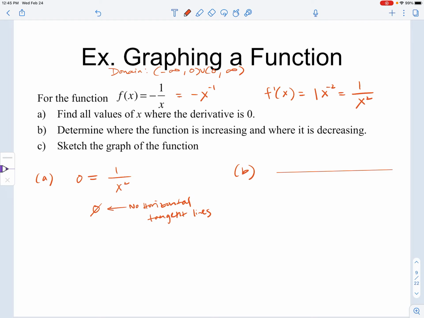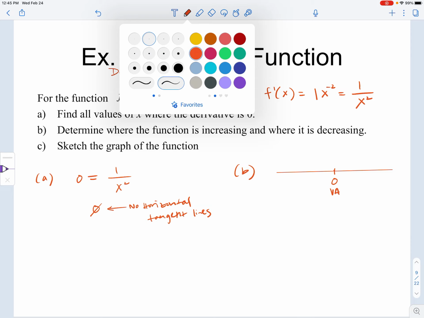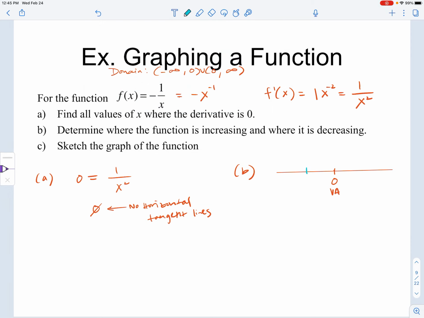And you know from your studies in pre-calc that a domain restriction actually corresponds to a vertical asymptote. And also from our studies of limits at the beginning of the year, we know that there's actually a vertical asymptote at x equals 0. And the function could change what's happening to the left and the right.